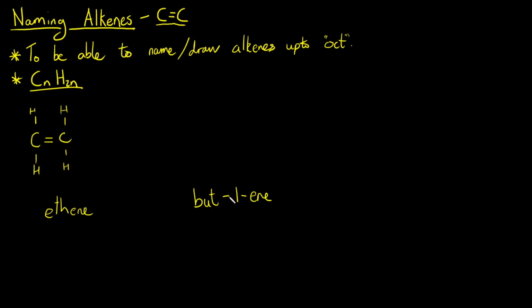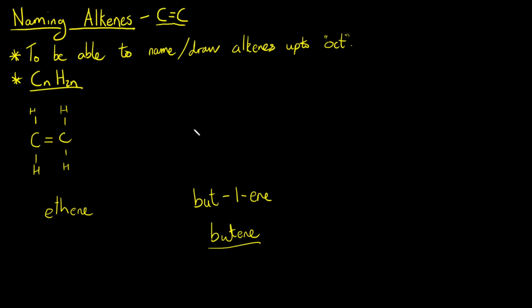Now that's very important, and it's very important that we put a 1 into the correct butene structure, because in actual fact there is more than one different type of butene. If you just write down butene, it's not specific enough, because the carbon-to-carbon double bond within the butene molecule can have different positions.